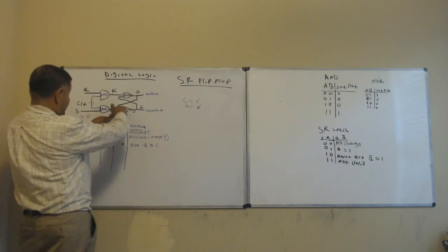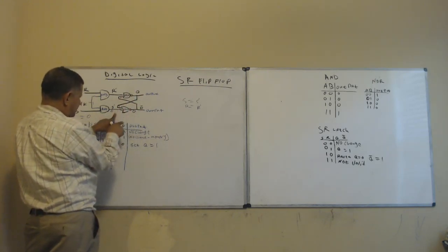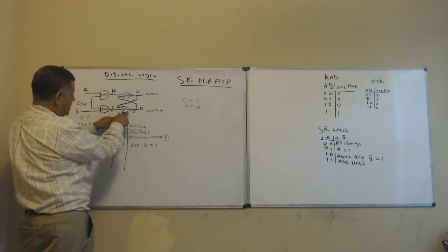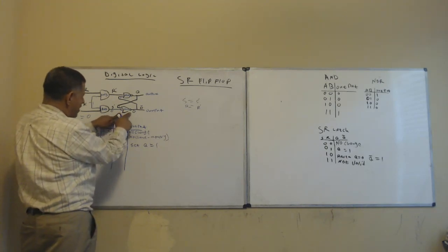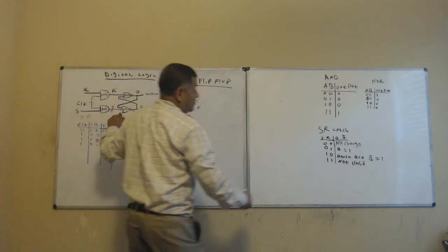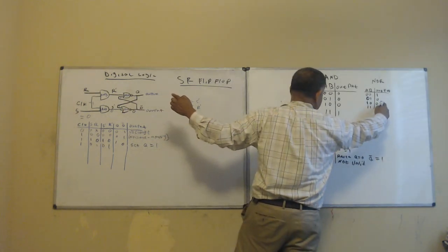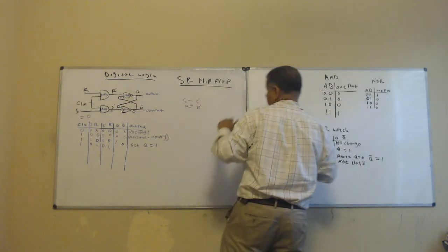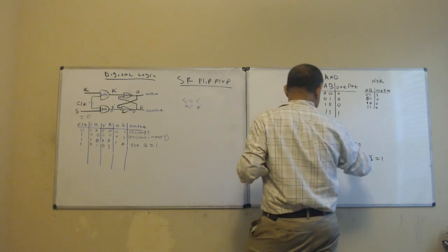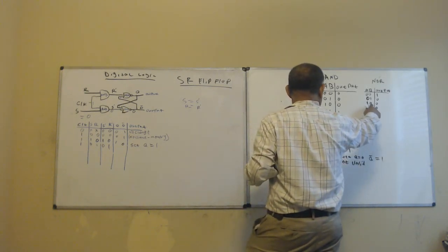Now, there was a Q coming in. The Q was equal to 1 coming into this NOR gate, right? But then, that NOR gate is equal to 0 when that happened. So, the output of the NOR gate is equal to 0 when that happened. Right here, right? Because we're saying that we are in this state.